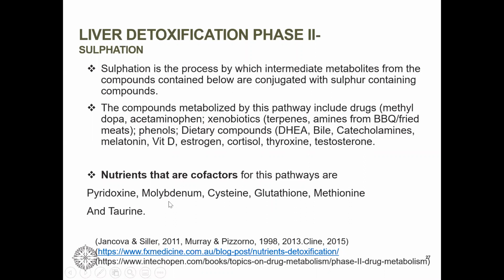Then pyridoxine, molybdenum, they are the cofactors, and glutathione is the antioxidant. What are the compounds that this pathway excretes? So terpenes, amines from fried meats, dietary compounds such as DHEA, catecholamines, melatonin, vitamin D, estrogen.